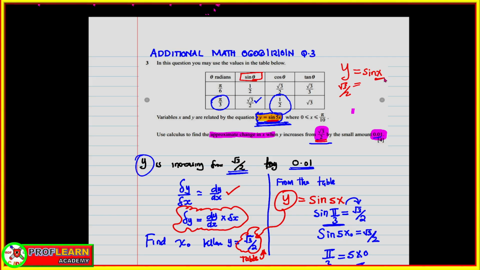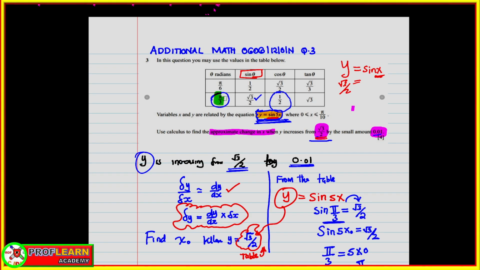Which value of theta can give us that particular y value? We realize that the value of theta that can give us this value is the sine of pi over 3. So sine pi over 3 will give us root 3 over 2.